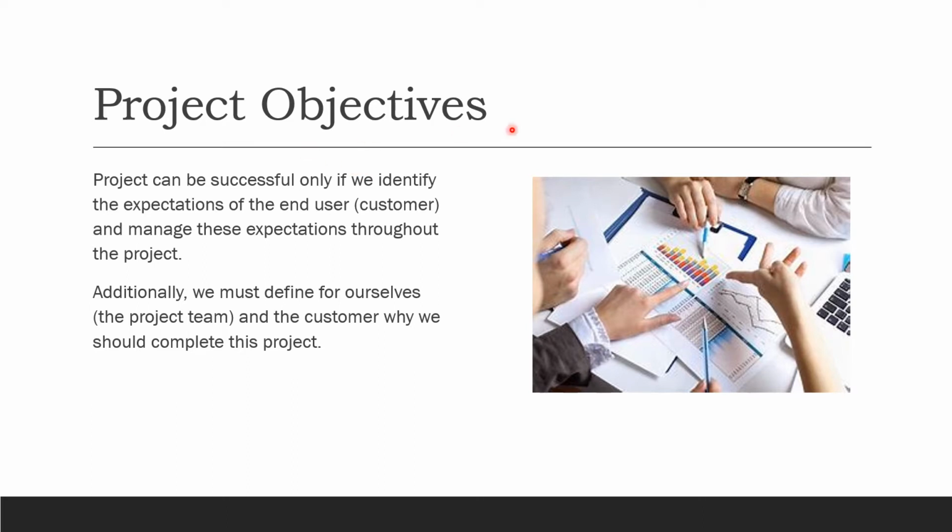Alright, project objectives. A project can be successful only if we identify the expectations of the end user, that's your customer, and manage these expectations throughout the project. Our end goal is to satisfy our customer. If we don't satisfy our customer, our products and services are not going to be good.